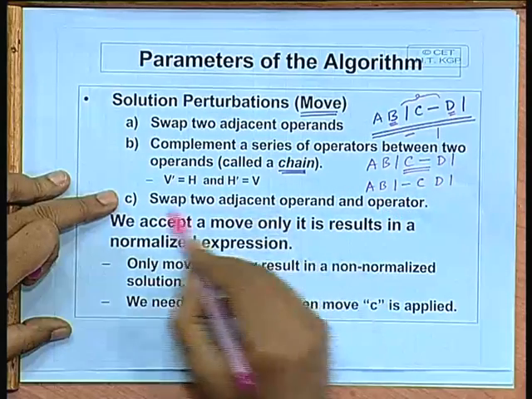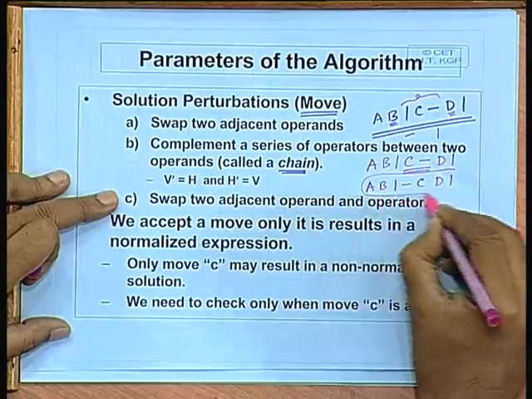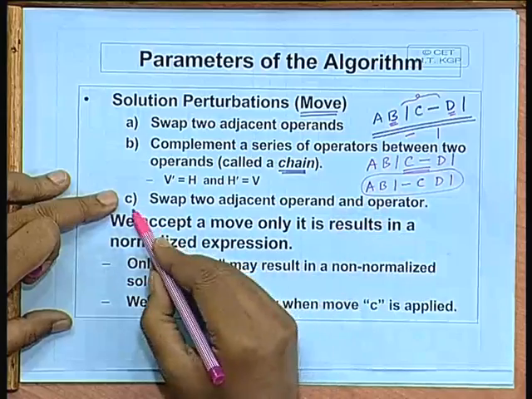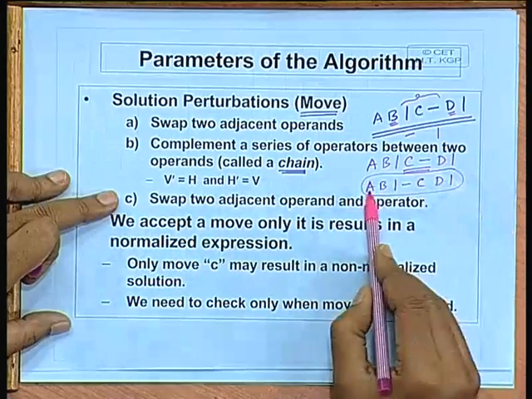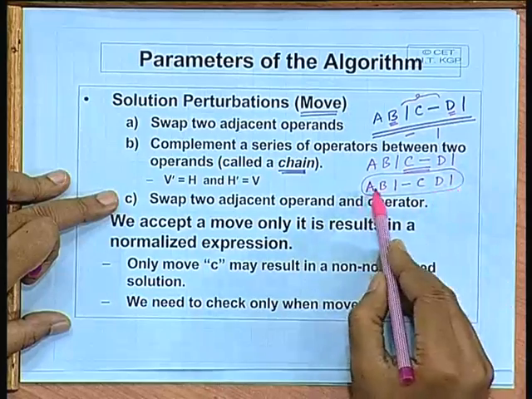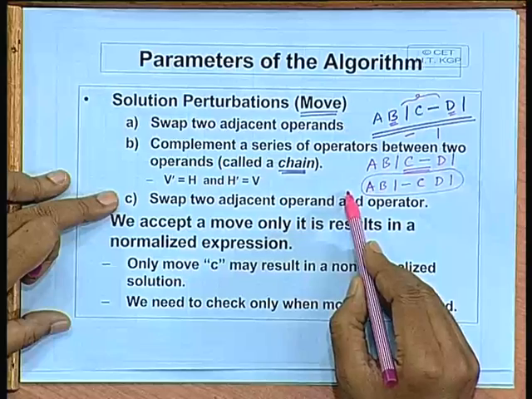But one thing you understand about the third one: it is not necessarily true that any time you apply this, it will become a valid expression. So, every time you apply it, you will have to check for the validity of the resultant expression, because for example, this is not a valid expression, because on the left there are too few operands.